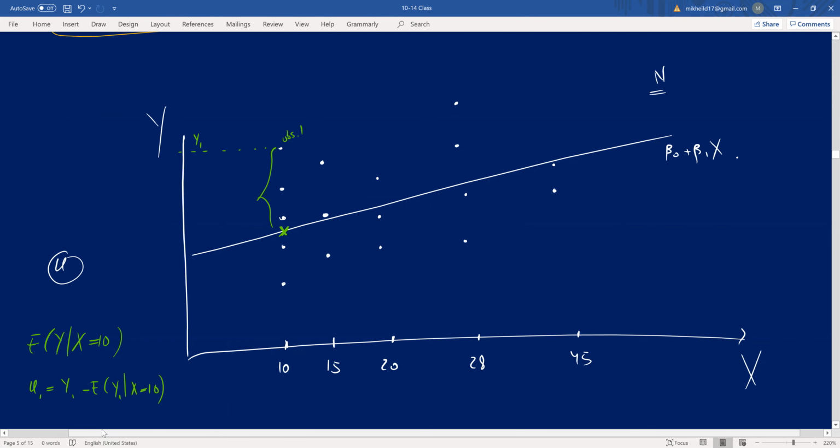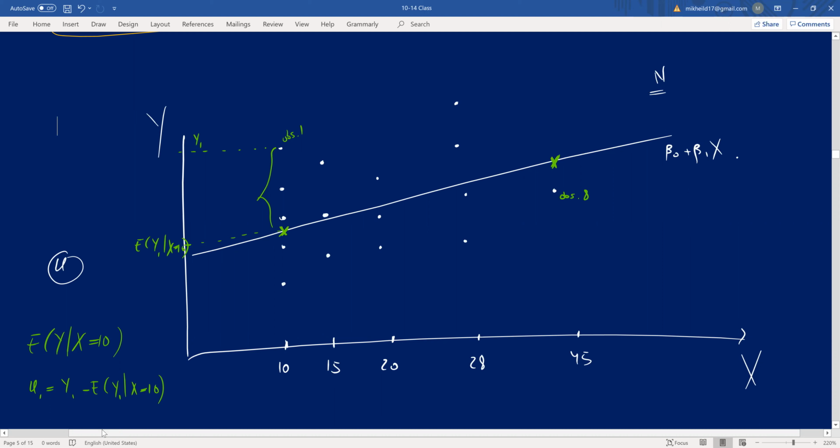What is u1 measuring? It's not a measure, it's a difference between actual y and this fitted, not fitted, but the expected y. Do you see? So let's say, look at this point. Let's say this is observation 8.